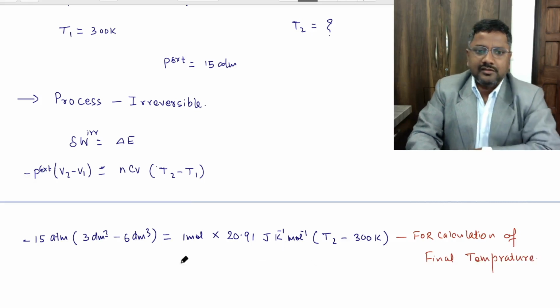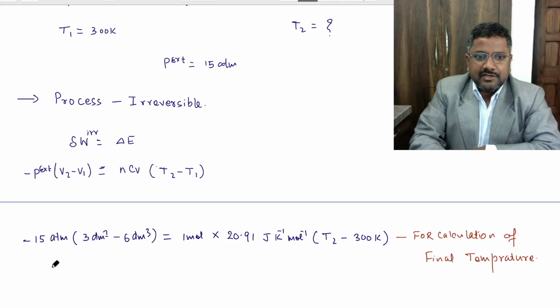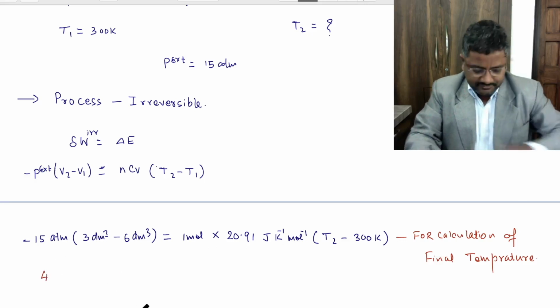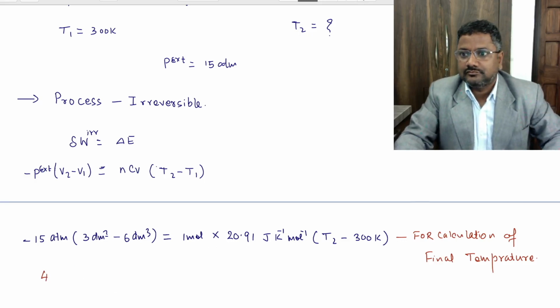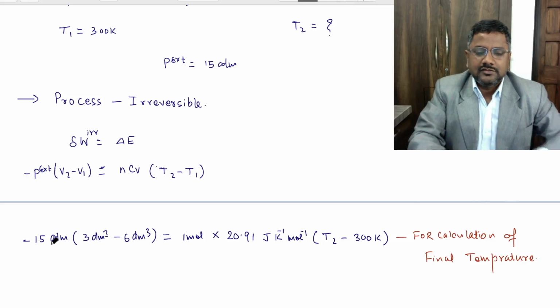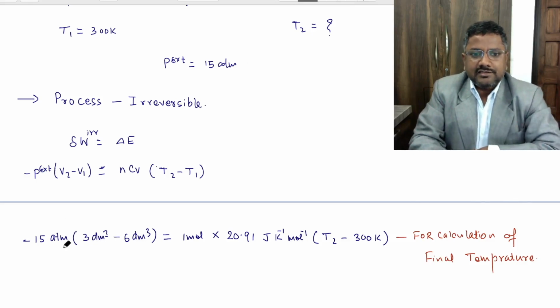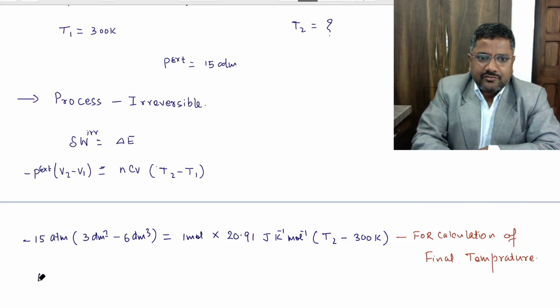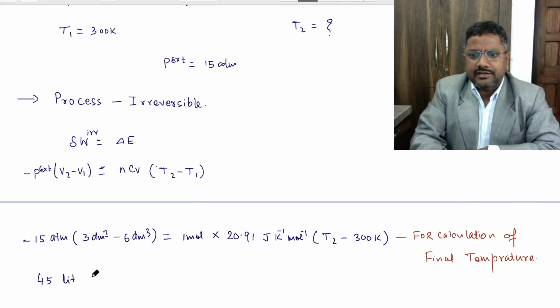See here, minus 3 minus, minus plus, so this is 45. Minus, and this is minus 3, so 15 times 3 is 45. So 45 dm cube atm means liter atm.